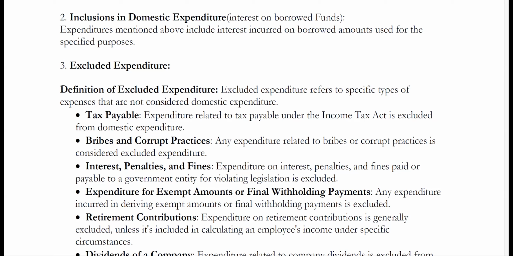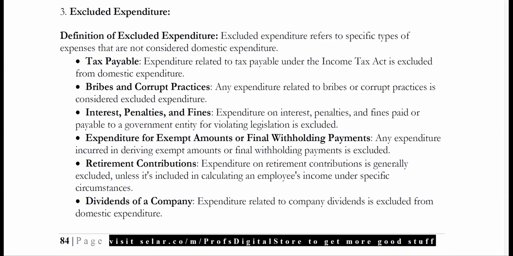Then the interest should also be disallowed unless it was a loan used to acquire an asset or used to run your business. Then the interest on that loan will be allowed. I hope that is okay. So domestic expenditure also includes interest on loans that were used to pursue or purchase or incur those domestic expenditures.